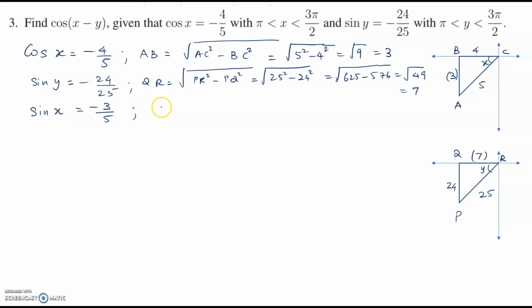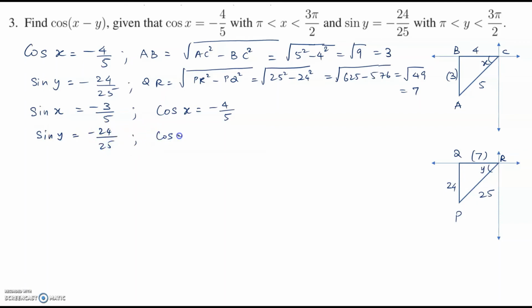Similarly, our cos x is also given to us as minus 4 by 5. Then we already have sine y as minus 24 by 25.